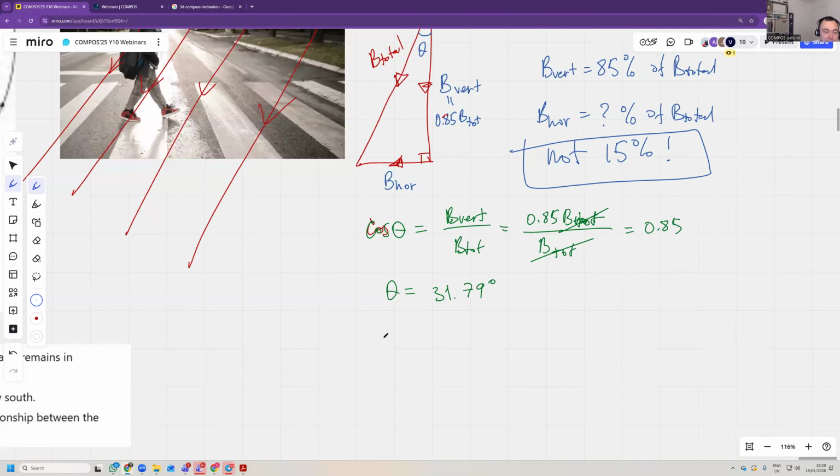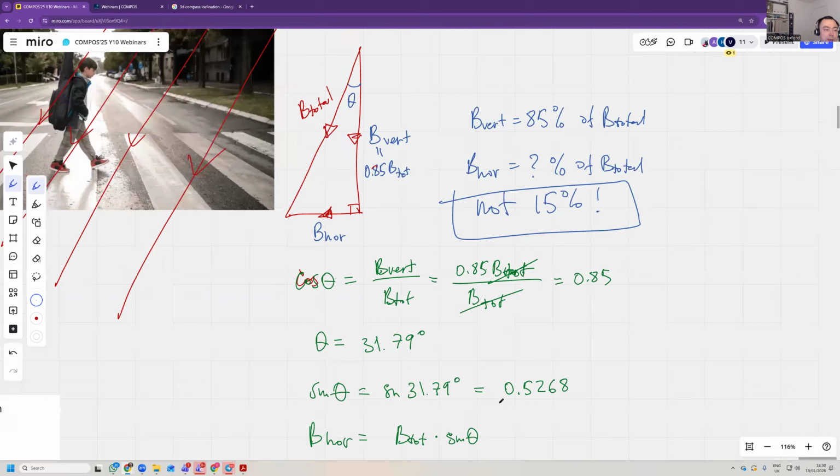And we can find the sine of theta. Sine of 31.79 degrees is 0.5268. And B horizontal is actually B total multiplied by sine theta.